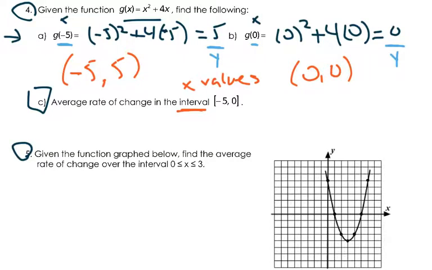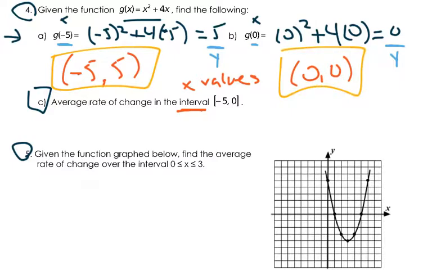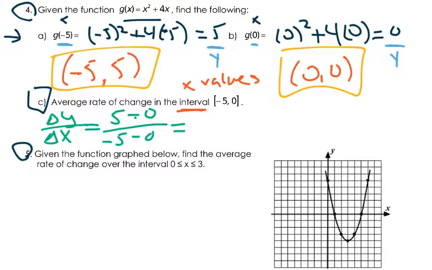Well, we already know those points from up here, so we just plug that right into our formula. Delta y over delta x is equal to 5 minus 0 over negative 5 minus 0. When you put that into your calculator, it would give you negative 1. So that's the average rate of change here.